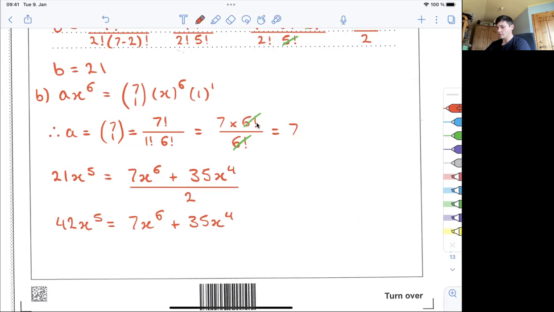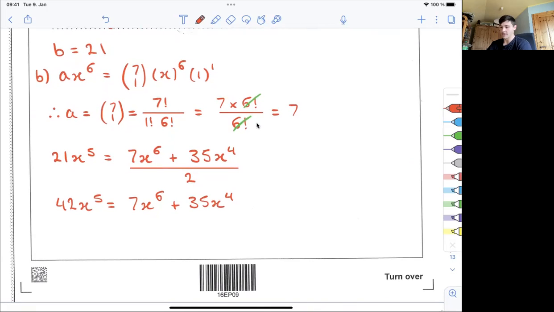What we can now do is divide everything by x to the power of 4, which leaves me with 42x equals 7x squared plus 35.